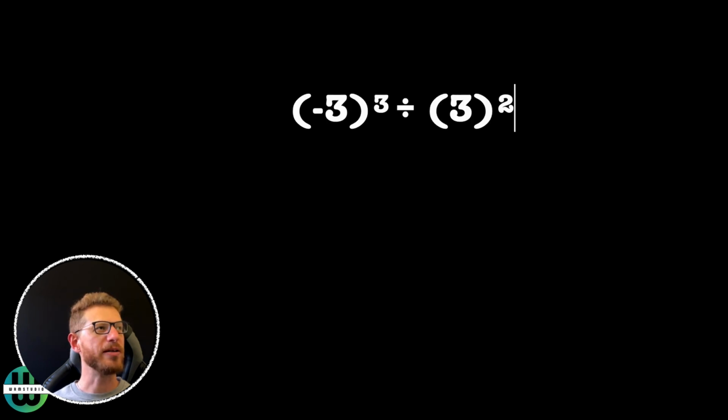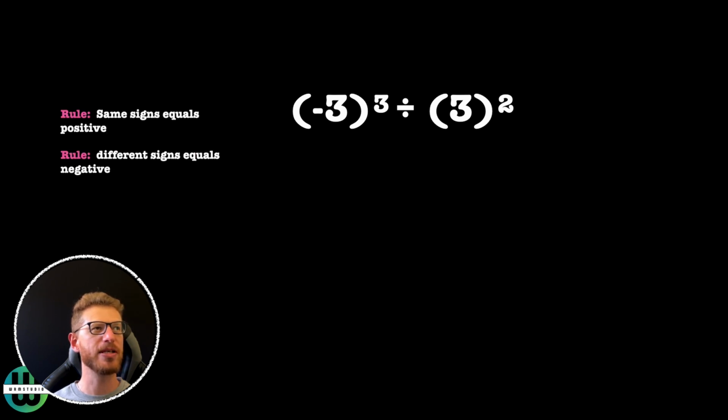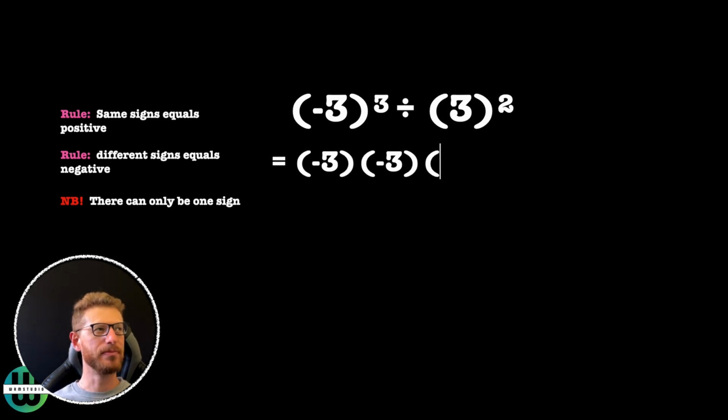Let's have a look at this one. Negative 3 inside of the brackets to the power of 3 divided by 3 in brackets to the power of 2. Thinking of my signs, my rules, and also remembering there can only be one sign, let's expand this. I'm going to have negative 3 times negative 3 times negative 3 divided by 3 times 3. So in my first group there, I've got negative times negative times negative.